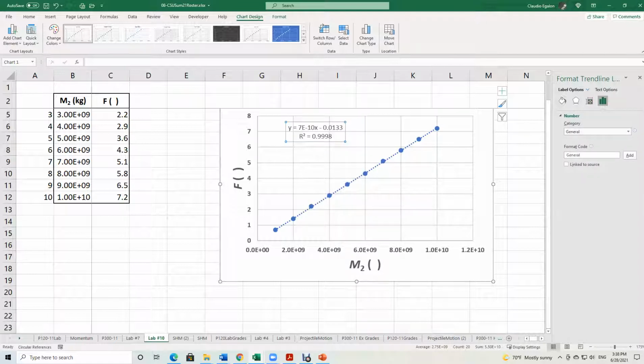Instead of General, you put Number. No, you don't want Number, sorry. You want Scientific. Okay? And now we got 2 decimal places there. The slope is 7.24 times 10 to the minus 10. That's the slope of this equation.